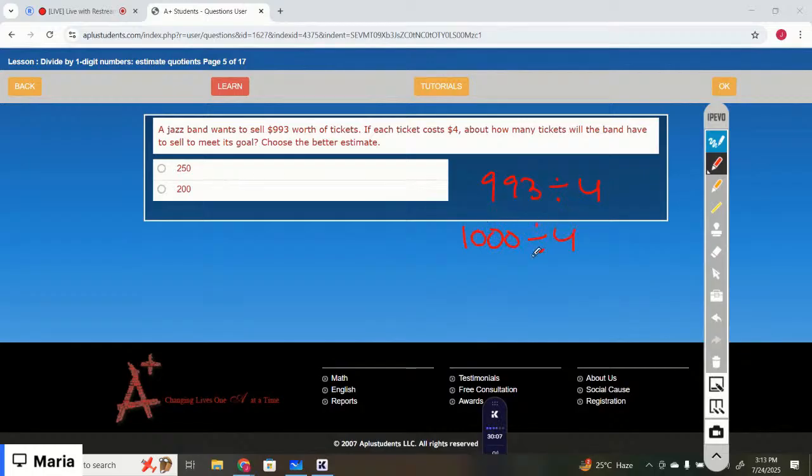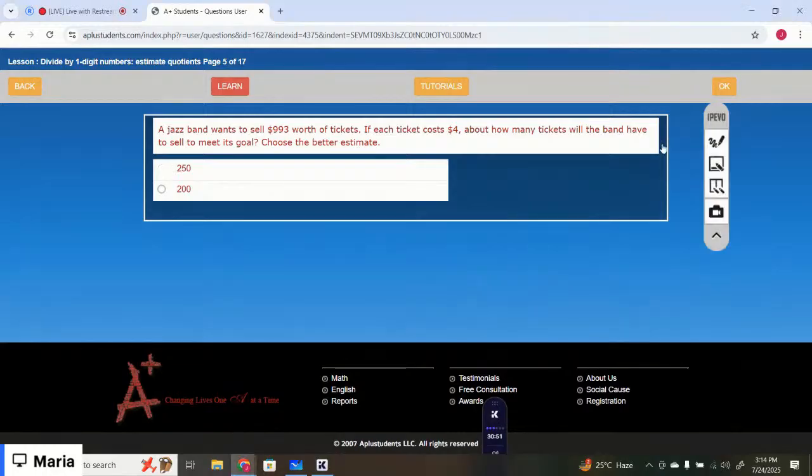Because 993 is close to 1000. So then that would be 250. Option 1 is the correct option, not 2. That would be 250.